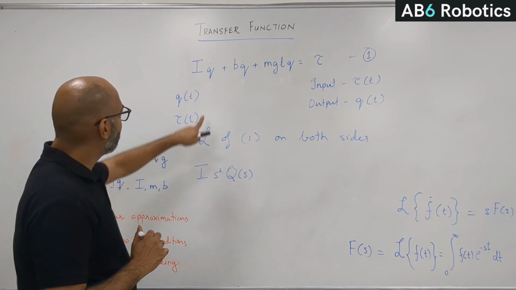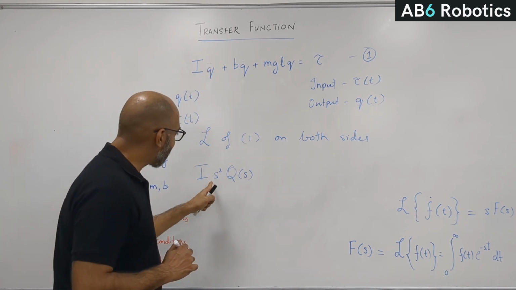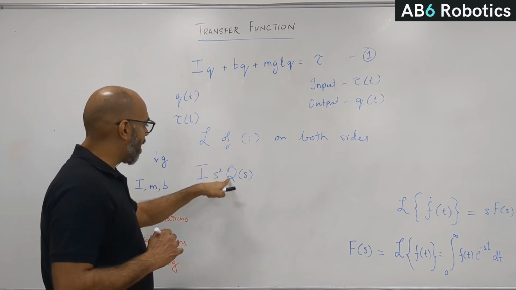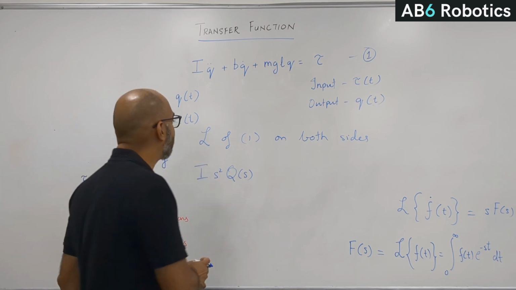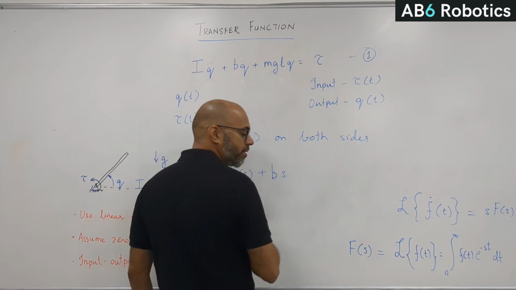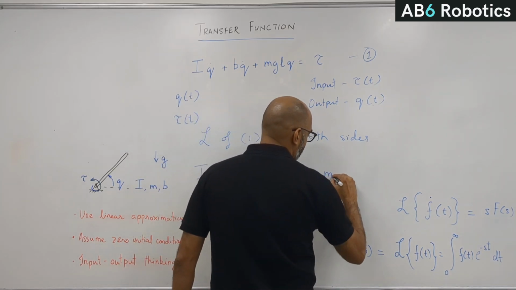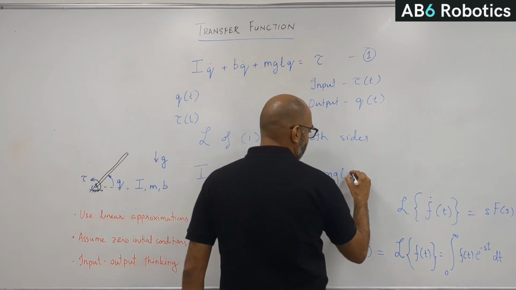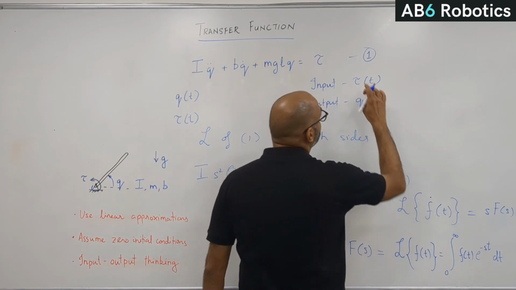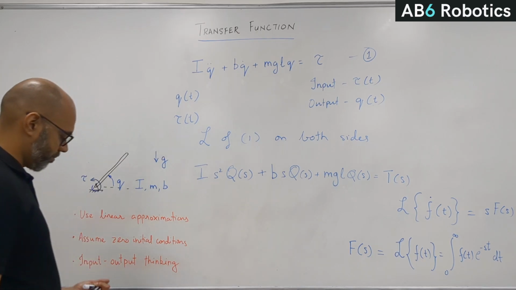I comes out of Laplace, then the Laplace of Q double dot is s squared times the Laplace of Q, and the Laplace of q of t is just capital Q of s, a different representation of that same variable. Likewise B times one derivative, so s times Q of s, plus MGL times Q of s, the whole thing is equal to the Laplace transform of tau of t, which again I'm writing as a capital letter.